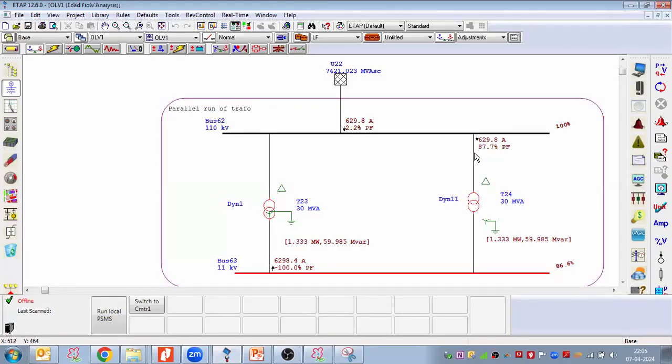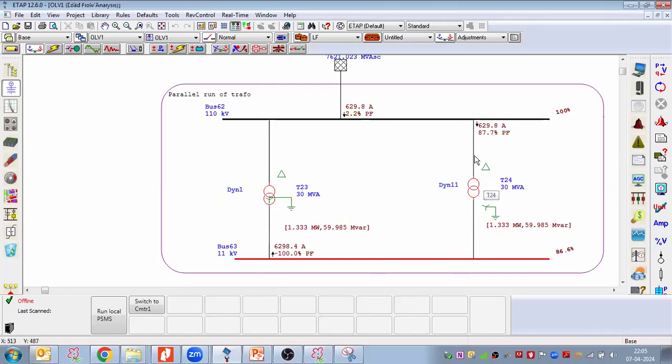Current is flowing. And here if you see, current is coming from the source to here, Dyn11, coming to the bus bar and then going back to the transformer.